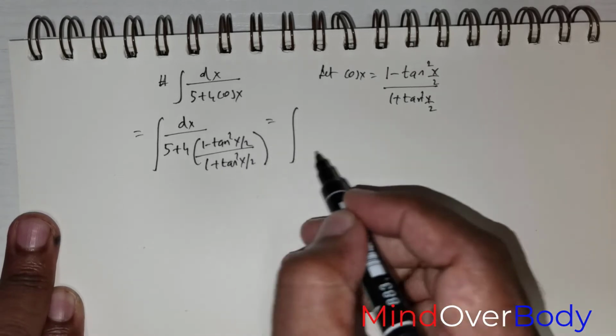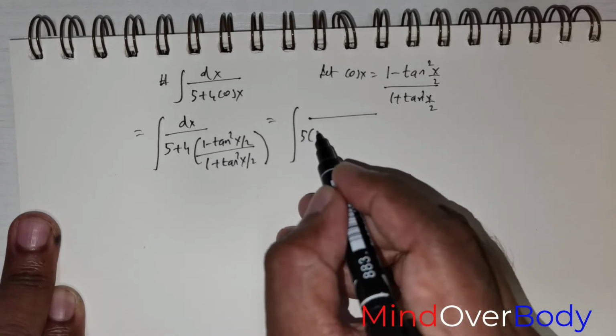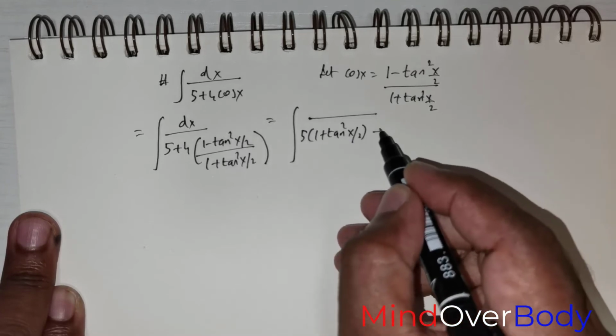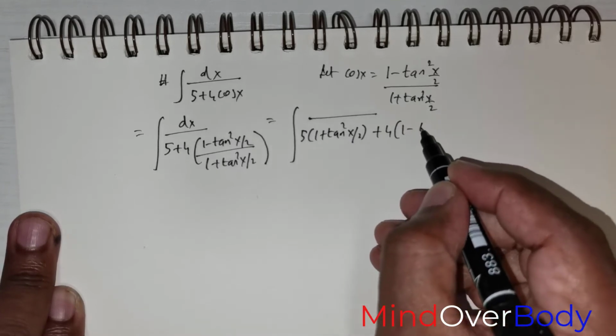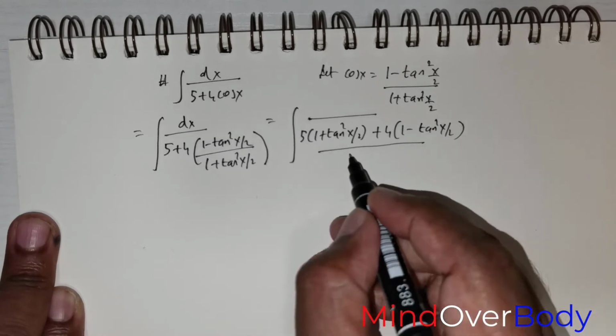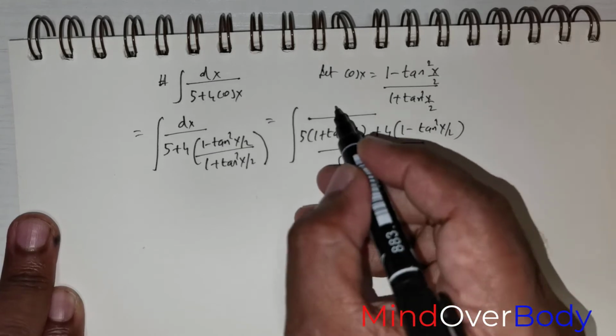Now this is rewritten as, if I were to take the LCM, this is going to be 5 times of 1 positive tan squared x over 2 positive 4 times of 1 negative tan squared x over 2 divided by 1 positive tan squared x over 2, and you got a dx there.